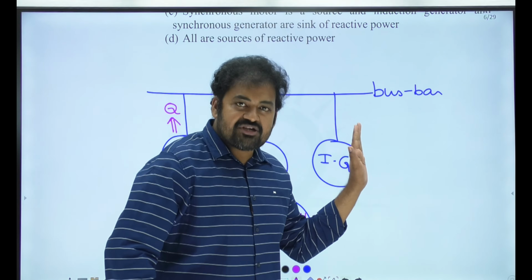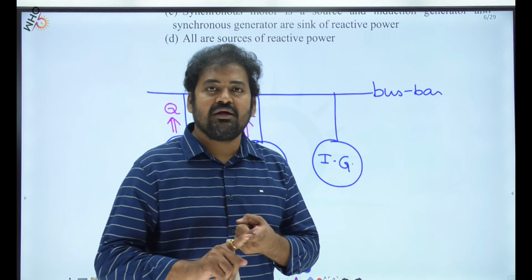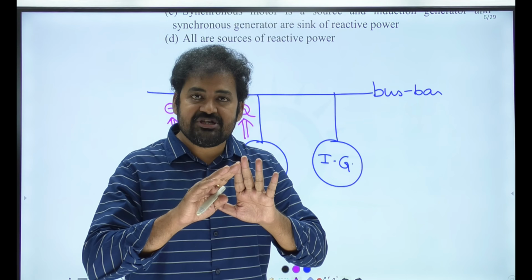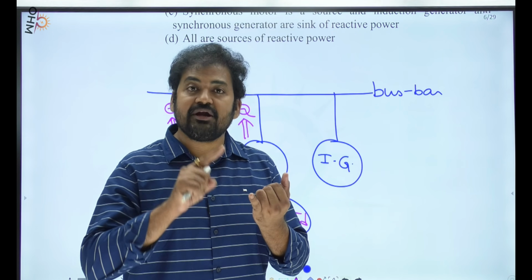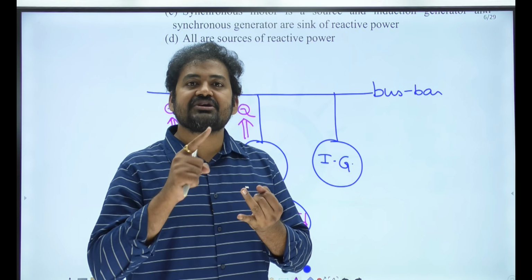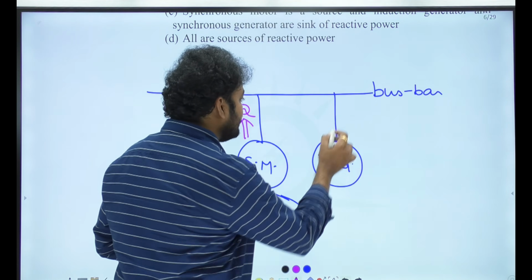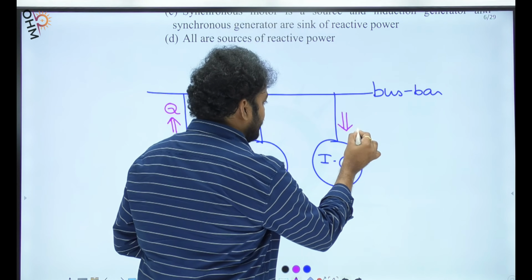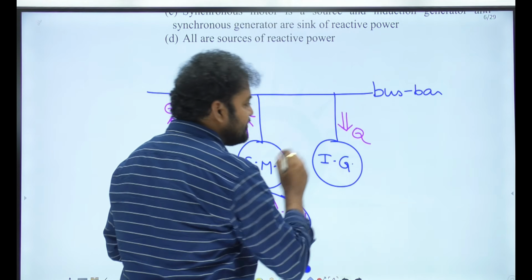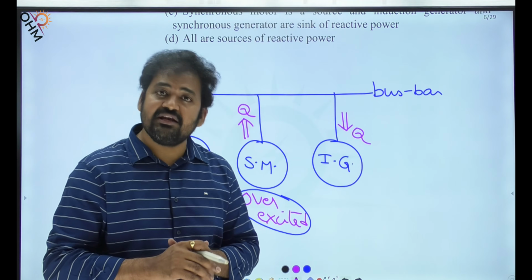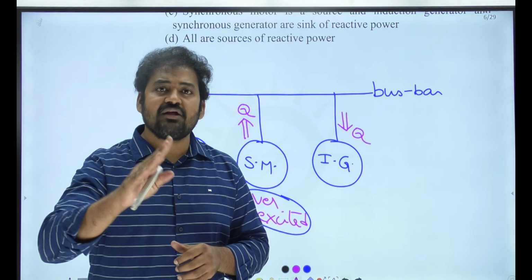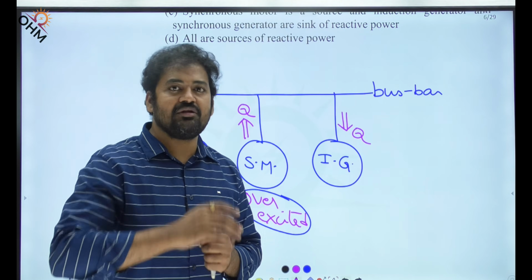But coming to the induction machine, we all know that irrespective of machine condition, whether induction motoring or induction generating, an induction machine will always absorb reactive power. Because it is a singly excited machine, right? The rotor will not be excited, only the stator will be excited.